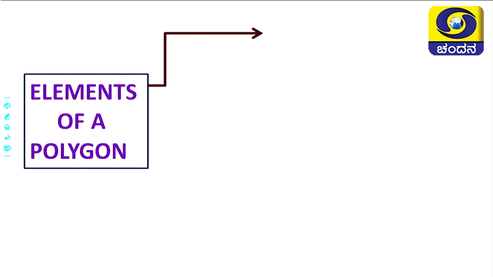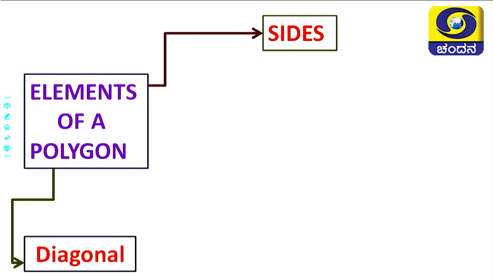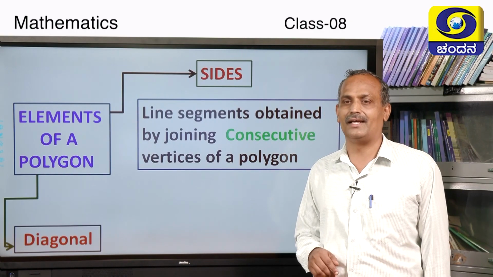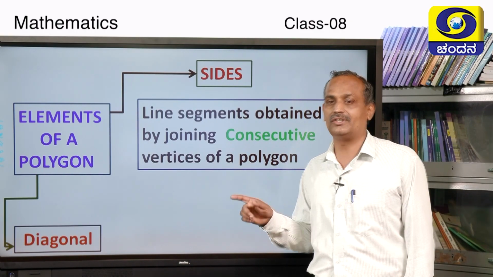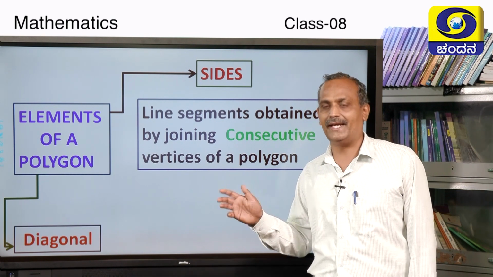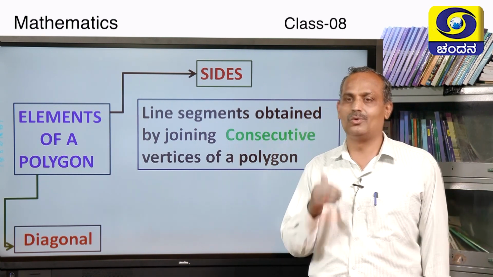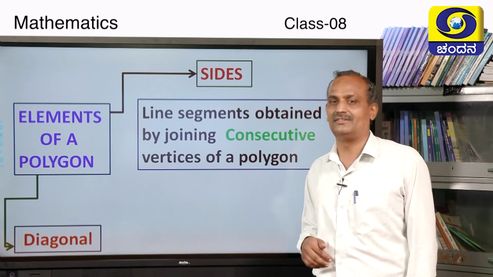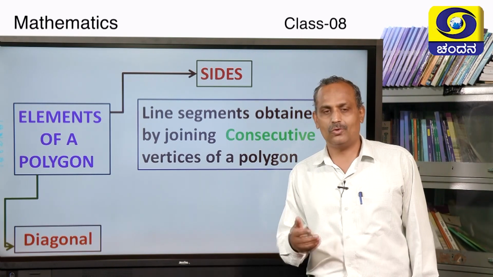Elements of a polygon are broadly classified into sides and diagonals. We have seen what sides are. Sides are nothing but line segments obtained by joining consecutive vertices of a polygon. AB is joined there. A and B are consecutive vertices. They have been laid side by side. We get line segments by joining consecutive vertices. We call them sides of a polygon. What is the diagonal then?